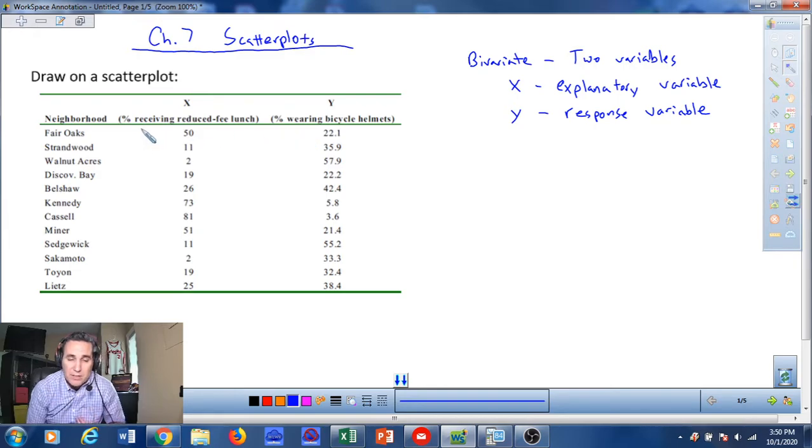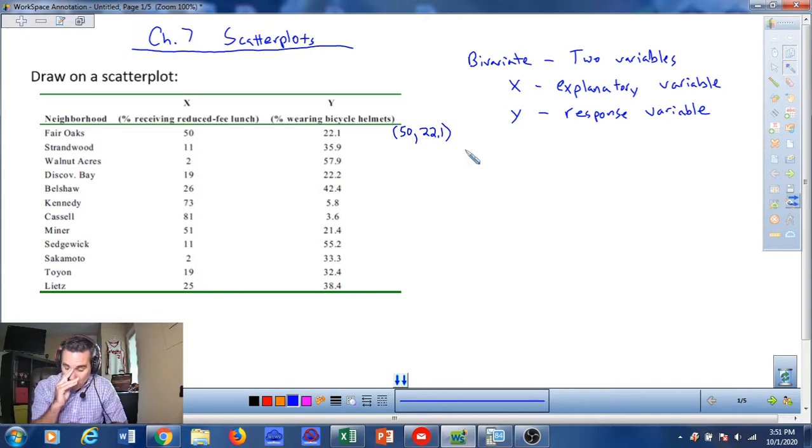So somehow this data was gathered. And so for this one neighborhood, we have an X and a Y. That means that we have a coordinate. They're going to use the reduced fee lunch as their X coordinate and the bicycle helmet wearing as their Y coordinate. So we have a point, 50, 22.1.